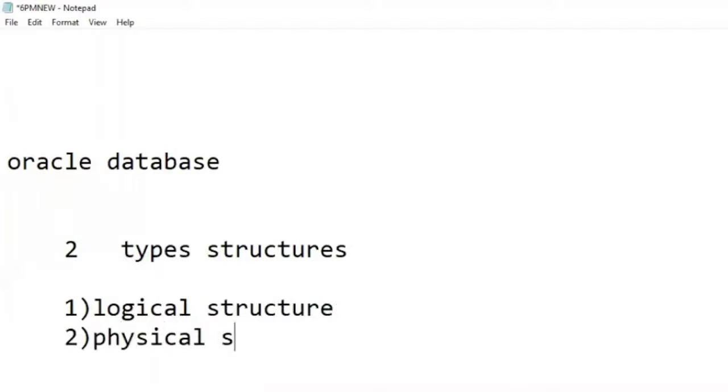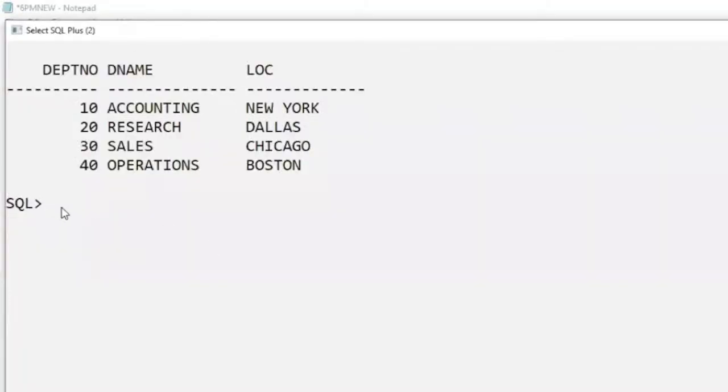Slowly observe here. Logical structure, and another one is physical structure. What does logical structure mean? Suppose you are creating a table or anything in your database, for example.